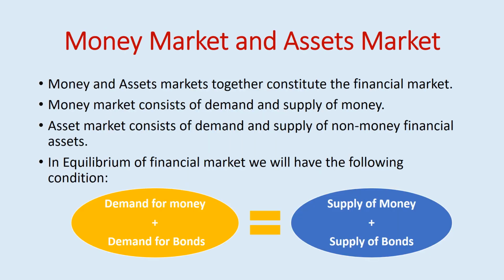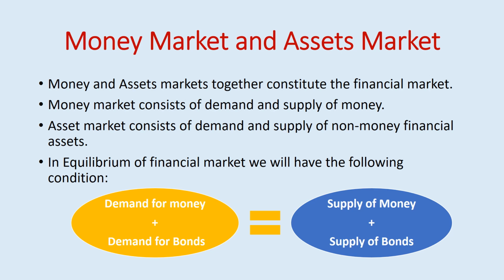You might have seen me often using money market for financial market or financial market for money market. In fact, the financial market basically consists of the money market and the assets market. Money market is the market where you have demand and supply of money. And asset market is the market where there exists demand and supply of non-money financial assets.